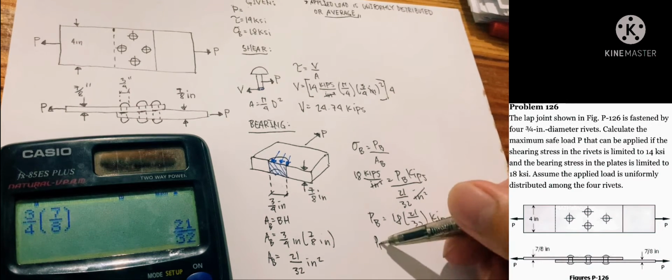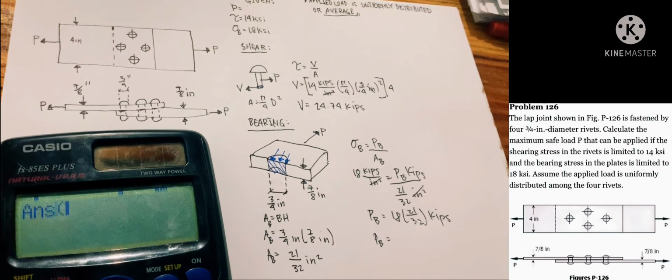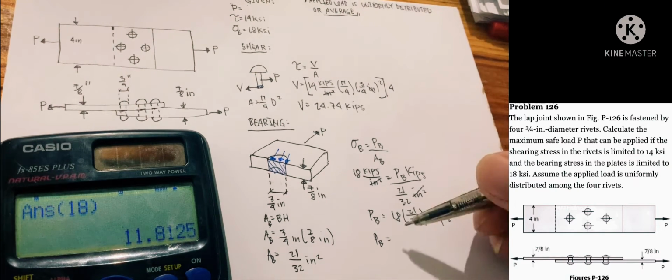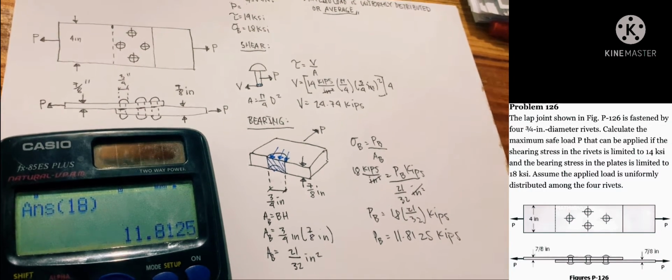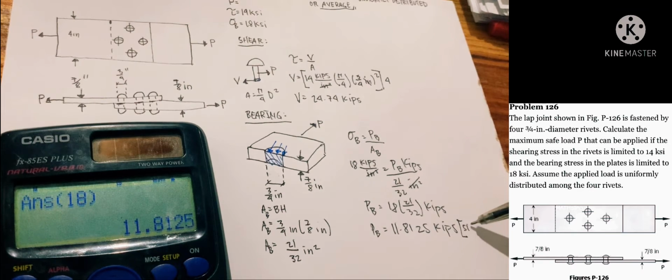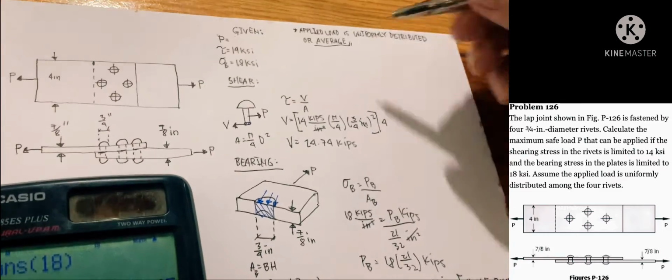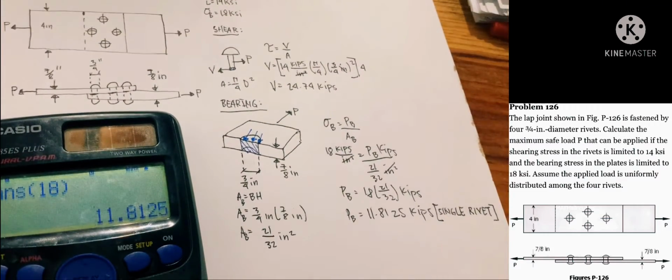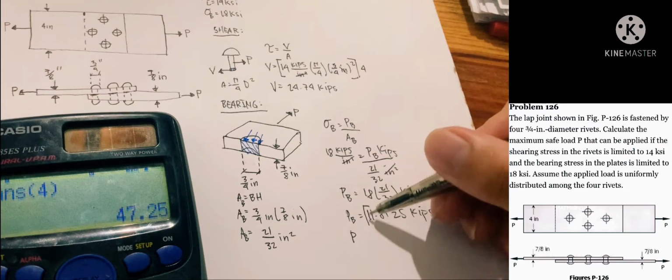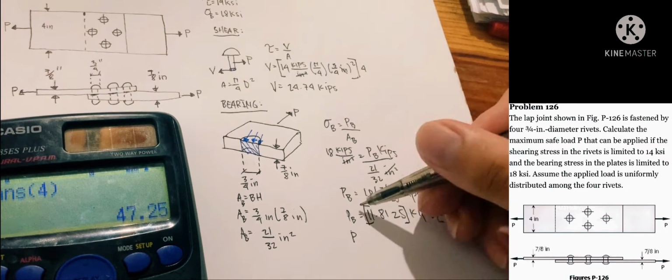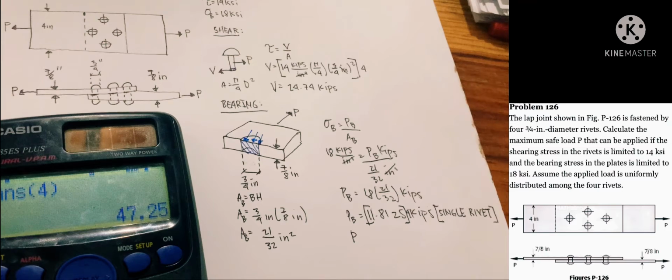So 18 multiplied by 21/32, and that is for a single bearing, a single connection, the contact pressure between a single rivet and a plate. So we need to multiply it by 4. We would have a load of 47.25, which is in kips.